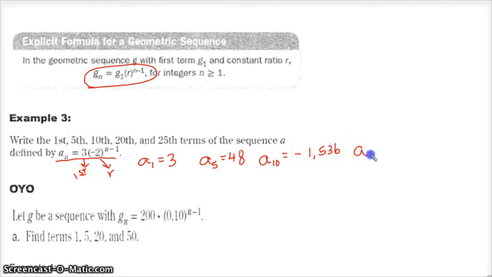To find the 20th term, I simply plug in 20 for n, and I should get negative 1,572,864. We'll leave the 25th term for a later date.